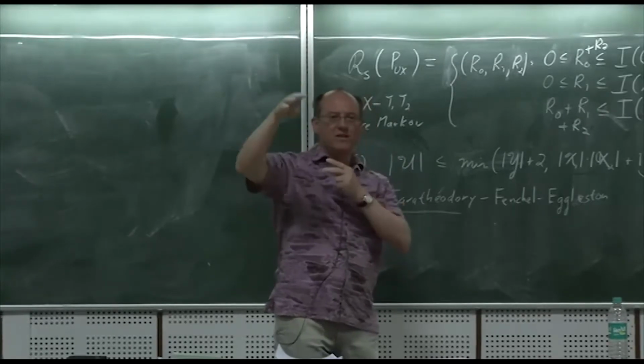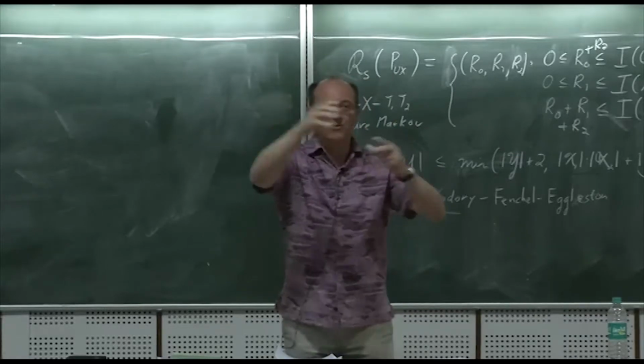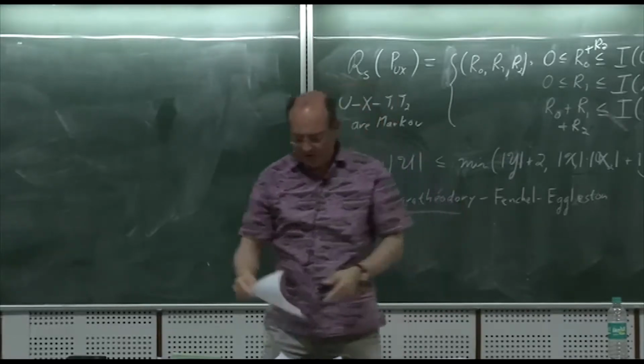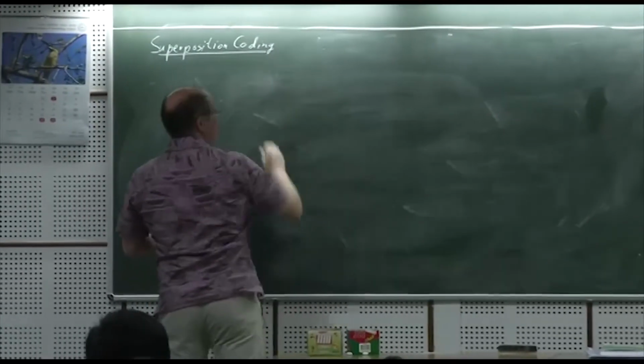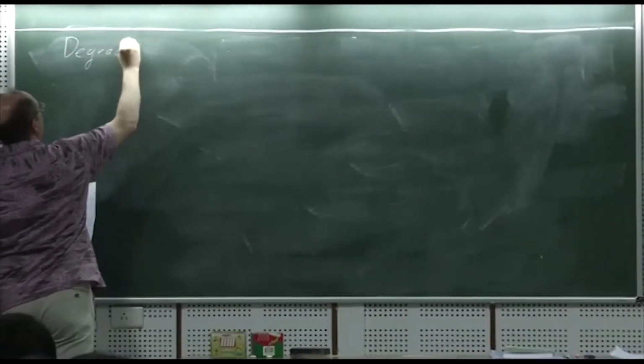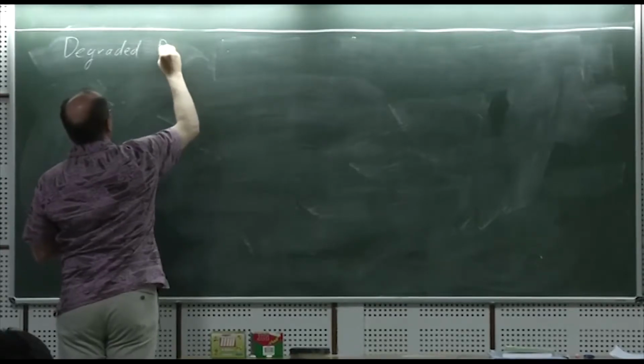It's natural to think that everything the further person can decode, the closer person can decode too, right? So let's talk about degraded broadcast channels, because it'll turn out to be the capacity-achieving coding scheme for the capacity region of degraded broadcast channels.